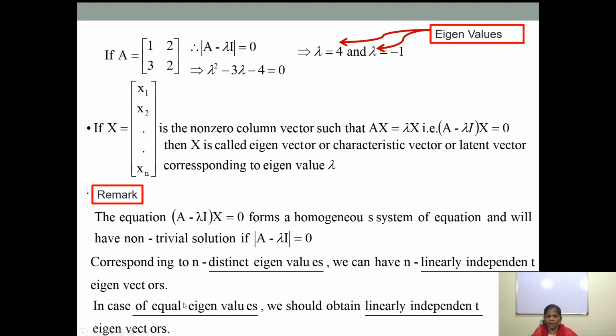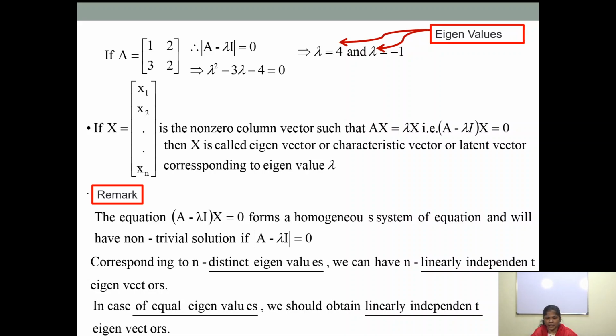So for eigenvalues that are the same, we have to again obtain linearly independent eigenvectors; it need not be linearly dependent.